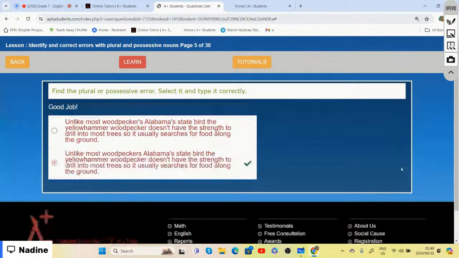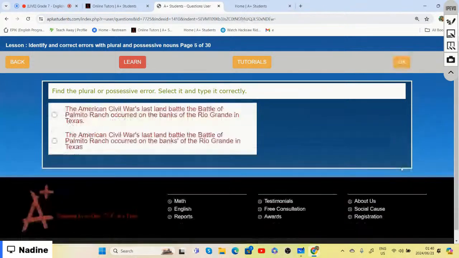So the second option is correct because it shows plural, right? It shows that there's more than one woodpecker. Not emphasis on it's not what the woodpecker does specifically. We need to find the plural or possessive error.